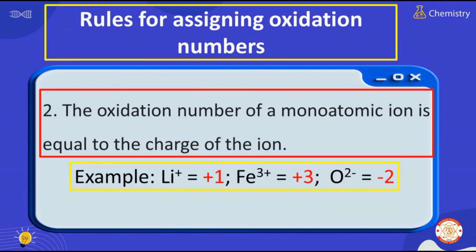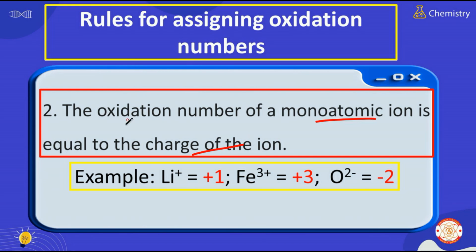Rule number 2. The oxidation number of a monoatomic ion is equal to the charge of the ion. If you have a monoatomic ion, meaning an ion that contains one atom, the oxidation number is equal to the charge of the ion.